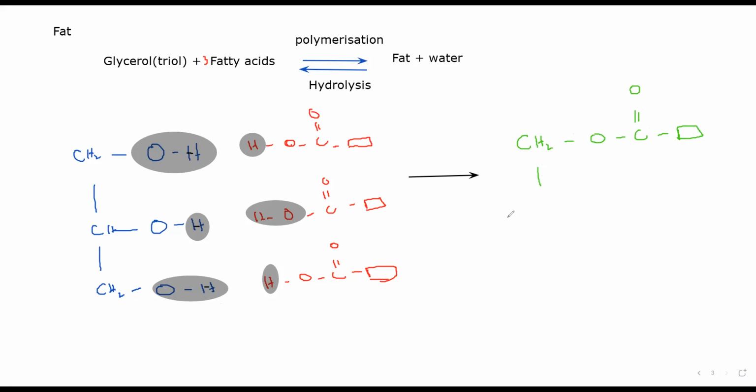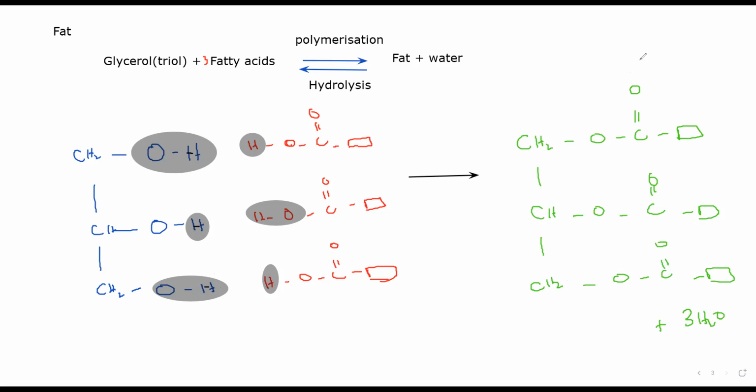Then next to this CH2 down is CH, and after CH there is O, and H and OH being removed, so it will be C double bonded with O and a box. Then down this CH, there is CH2. Next to that is OH and H being removed, so we are left with this oxygen and C double bonded with O and a box. Plus, how many water molecules are there? This time it will give 3 water molecules.